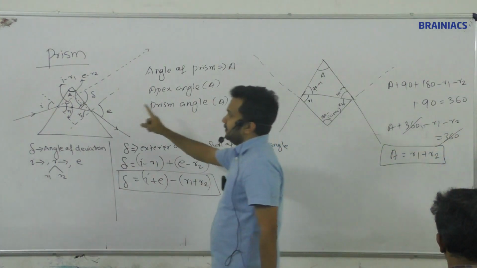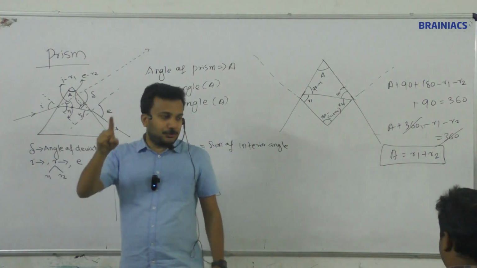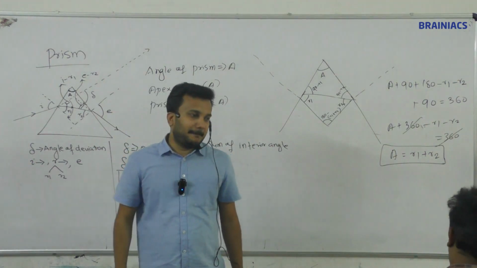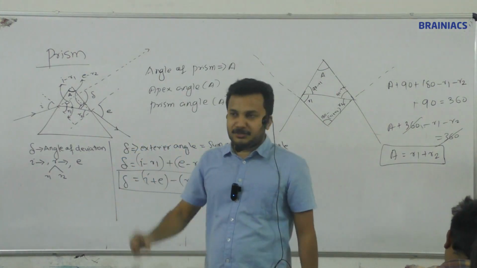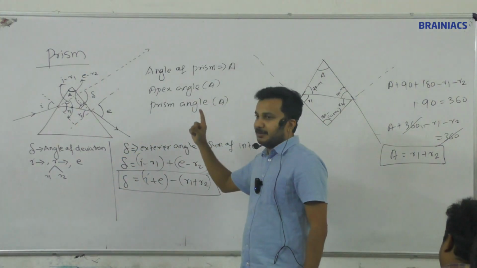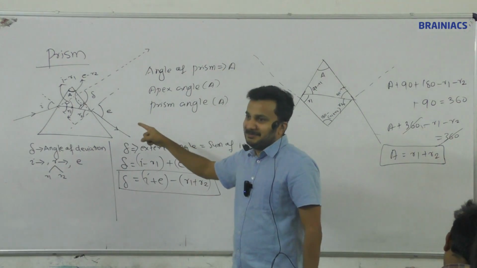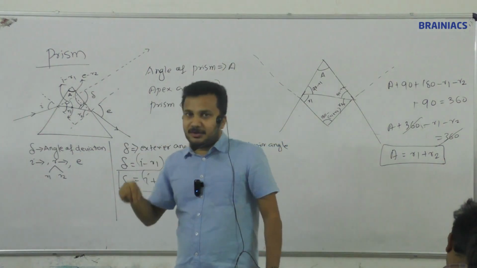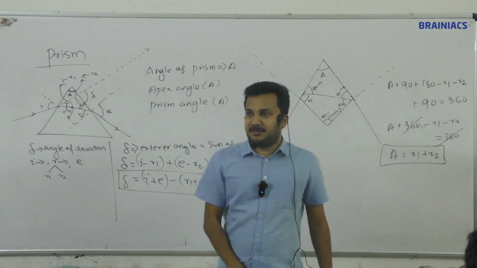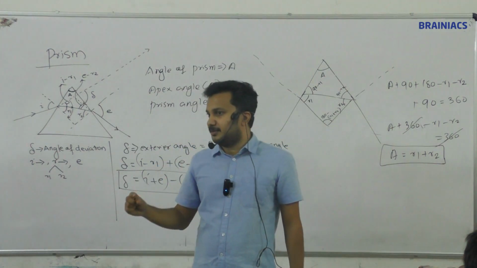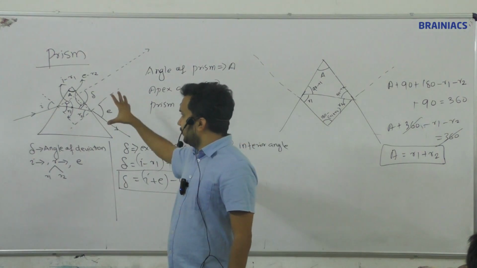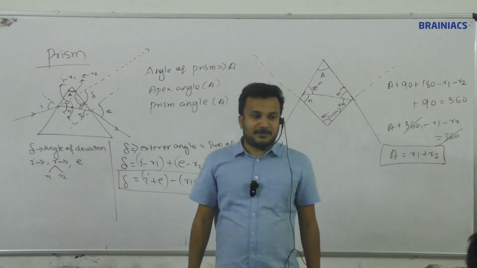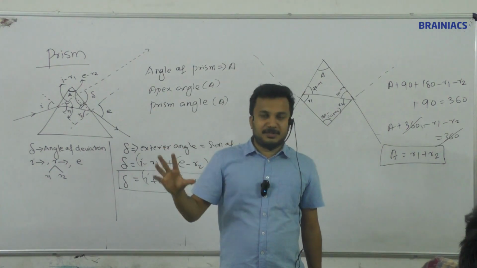So for the prism, first you have to draw the diagram. Please draw a bigger diagram, half the size of your notebook, not matchbox size, because many things will be there: I and R1 and E and R2. On the board I draw it big because of this much complexity.